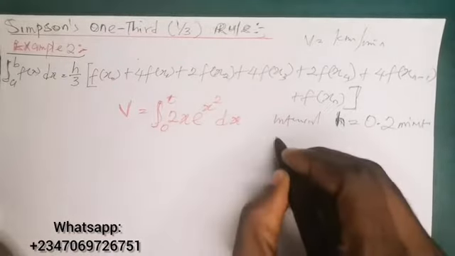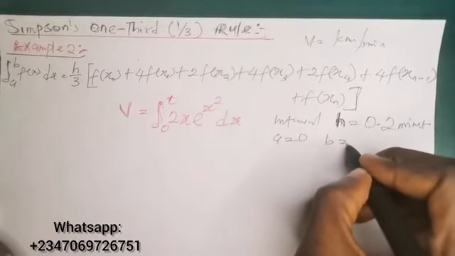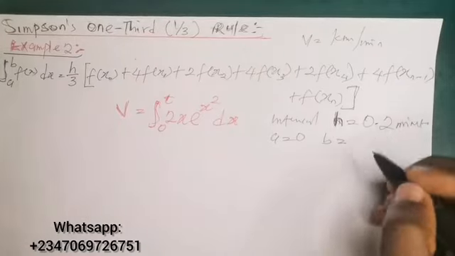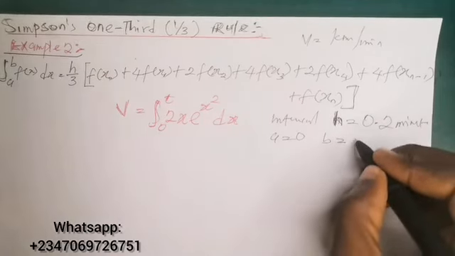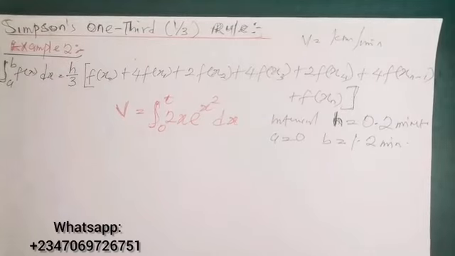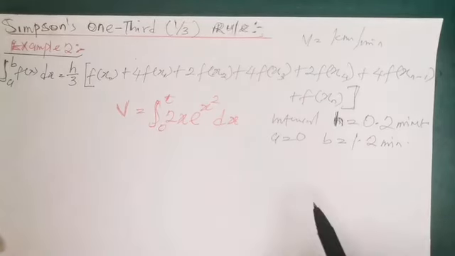So the lower limit a is equal to 0, the upper limit b is equal to t, and from the question the time given there is 1.2 minutes. That's the maximum time, so b is simply 1.2 minutes. So the highest time t is 1.2 minutes, and of course it starts from 0 to 1.2 minutes.